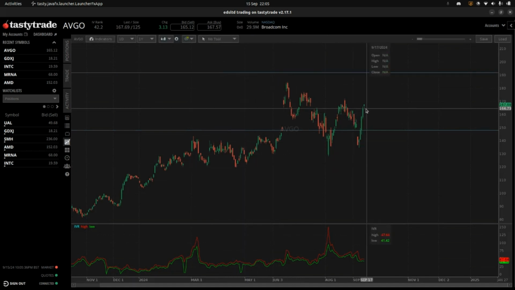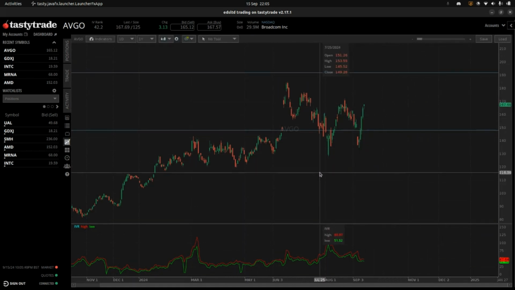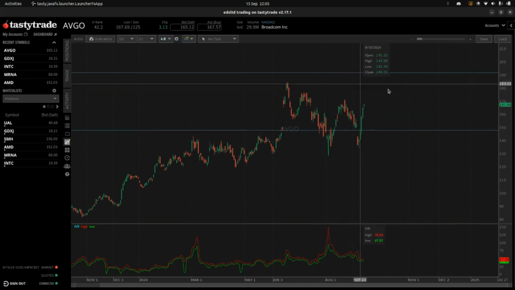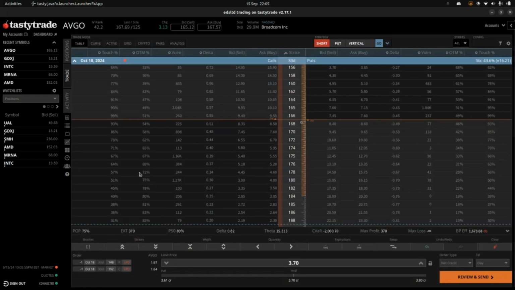As we can see, we've created a range for ourselves, and in order for us to be right on this trade, we want the price to stay within this range. So how do we know what the likelihood is that the price is going to stay within this range? Well, we can use delta.